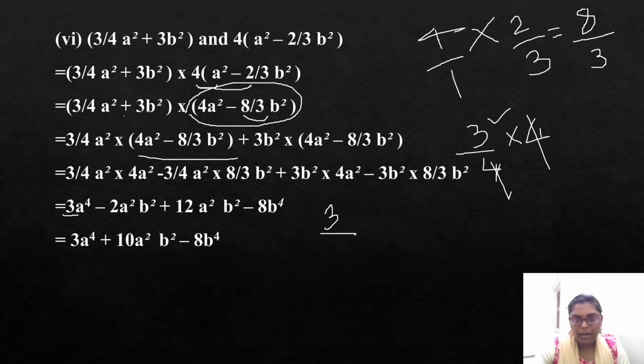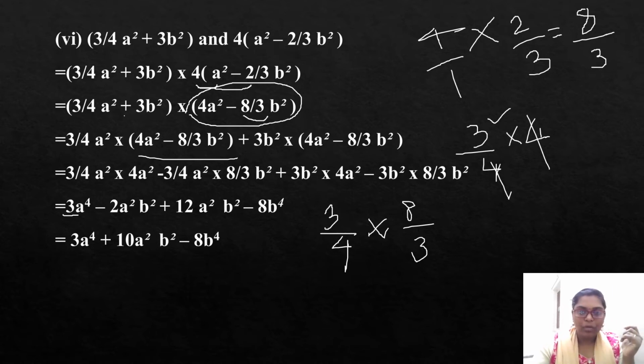3 by 4 into 8 by 3. Okay. 3 by 4 into 8 by 3. What you will get? 4 ones, 4 twos, 3 ones and 3 ones.